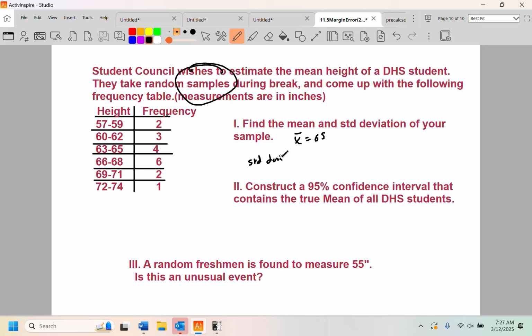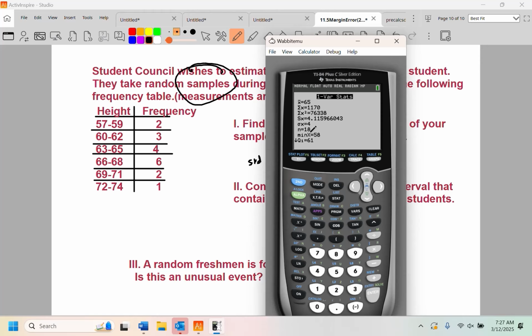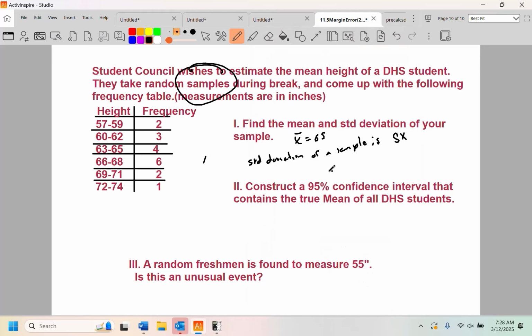Standard deviation of a sample is Sx. Because these are samples, I have to use Sx, okay? Right there, 4.12. And Sx is about 4.12. It's a big difference. Just trust me on that one. Mean is going to be X bar. That's not going to change, but we have to use sample for that one.